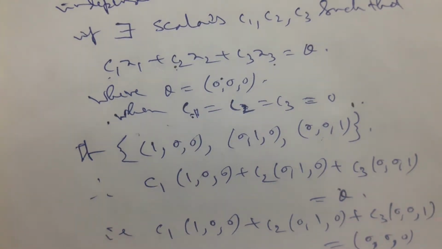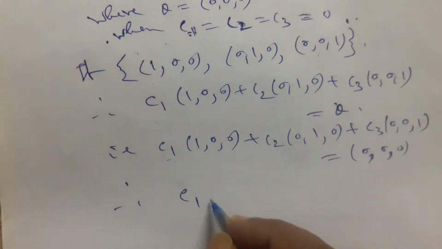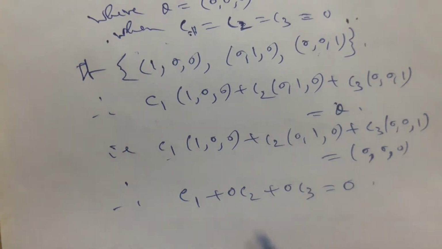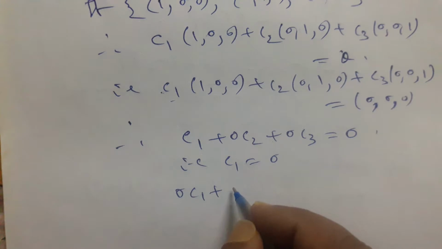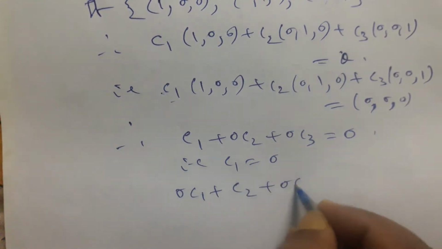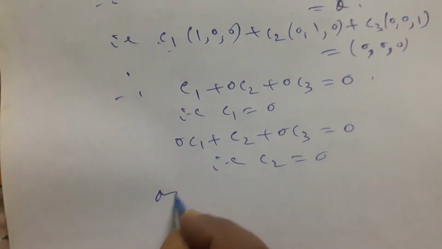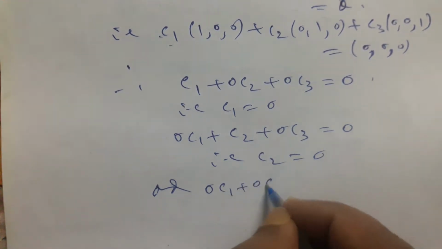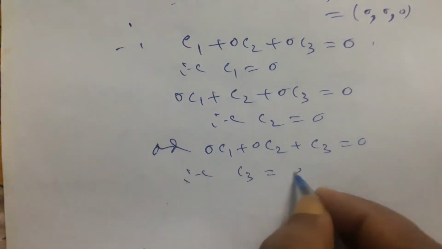If we compare it, c1 plus 0 c2 plus 0 c3 will be 0, that is c1 is equal to 0. Similarly 0 c1 plus c2 plus 0 c3 equals to 0, that is c2 equals to 0, and 0 c1 plus 0 c2 plus c3 equals to 0, that is c3 equals to 0.